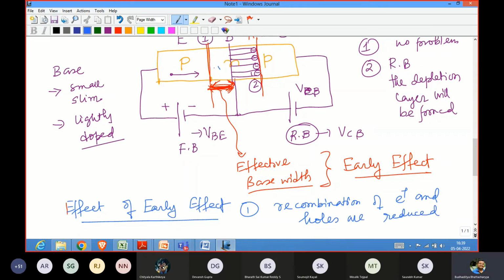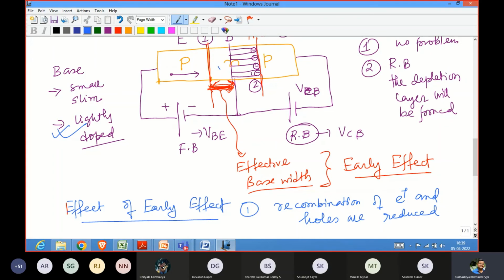Why? Because the base width itself is small. If the base width is small, and we have already assumed that the base is lightly doped, then definitely the recombination that was around 2 to 2.5%, 2.25% in a transistor, is significantly reduced.